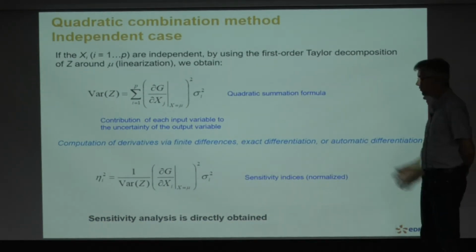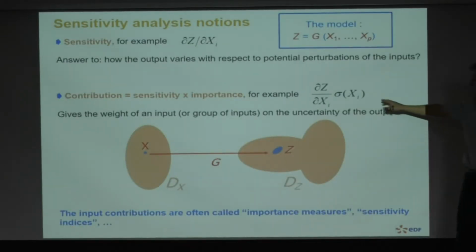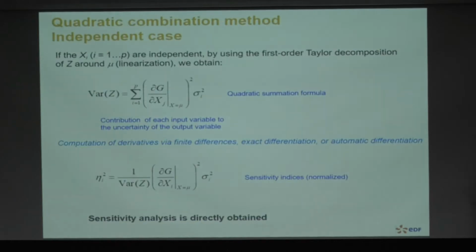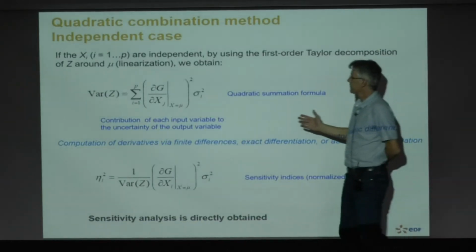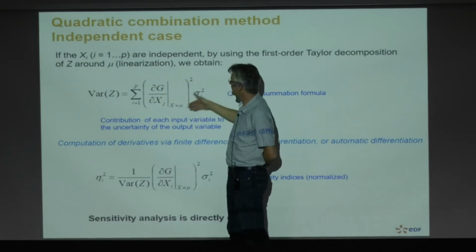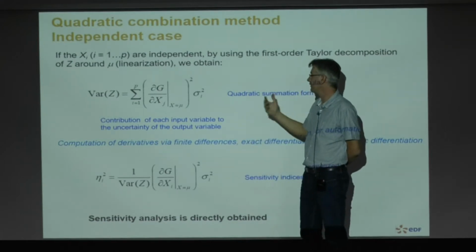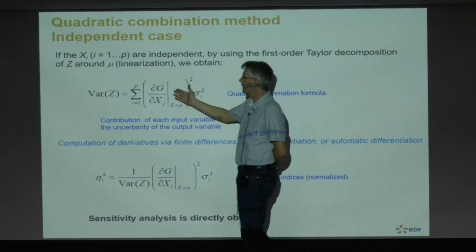Okay, so I have shown the first sensitivity index. If we take the square of this thing, we obtain this single term, the contribution of each input variable to the uncertainty of the output variable in terms of variance.